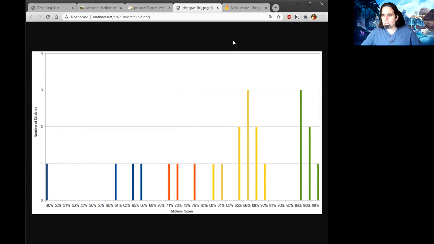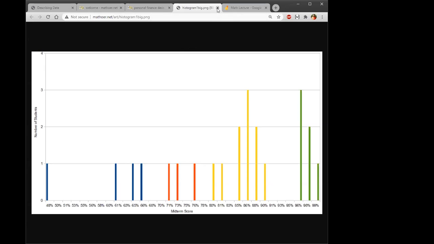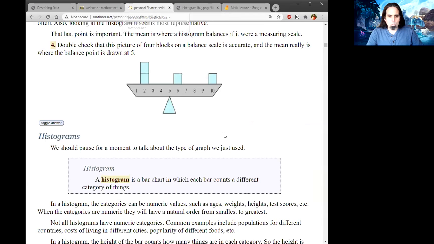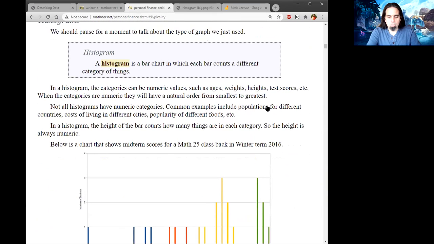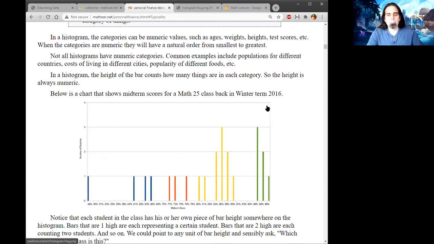Everyone has seen histograms before? If you have some questions, let me know. Okay.